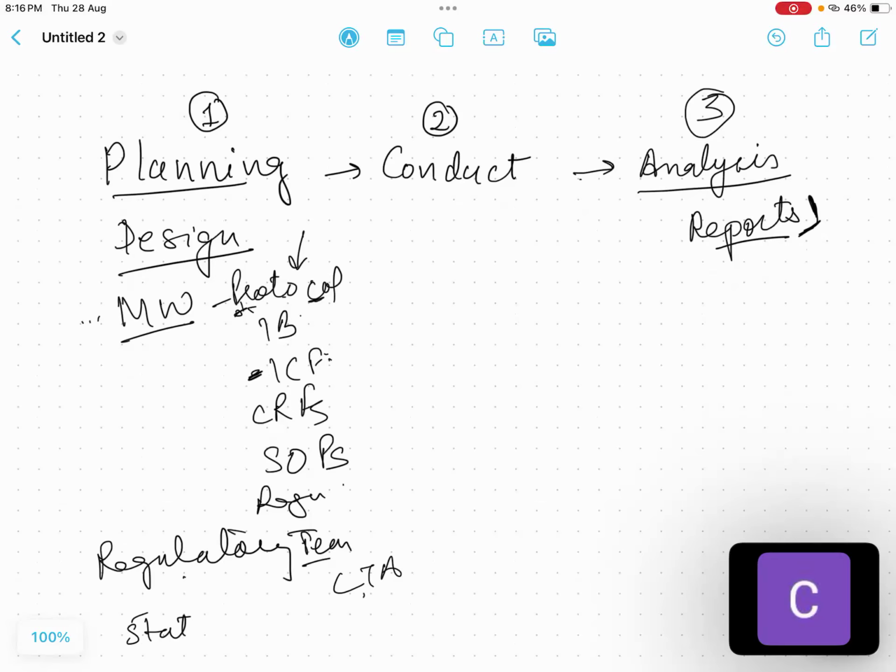And what else? You will also be writing your manuals. You may also be preparing for operations. So at the planning stage, the clinical science lead, medical writers, patent attorney, and investigators give a lot of time, because whatever we have planned is going to help us when we do our trial.